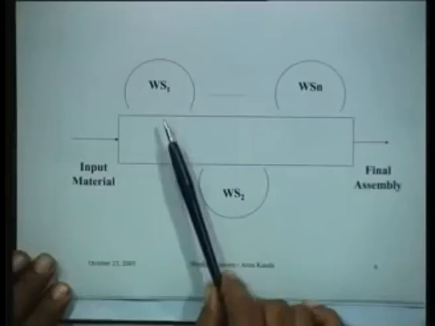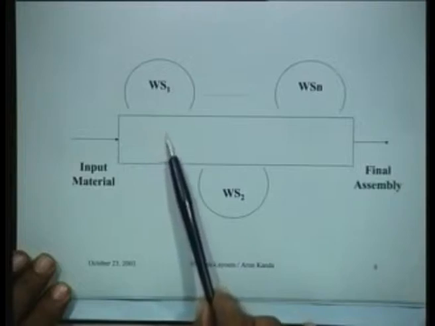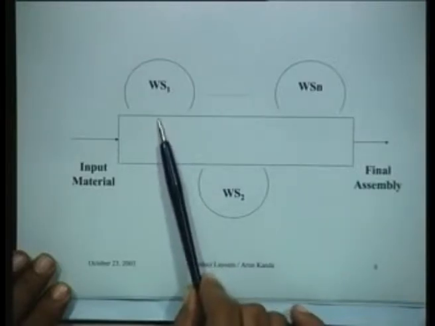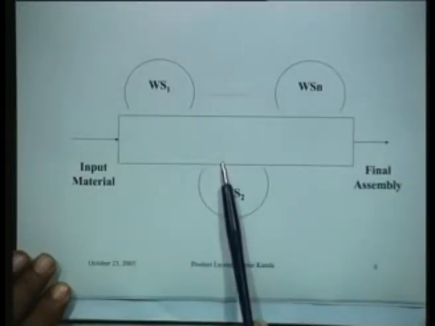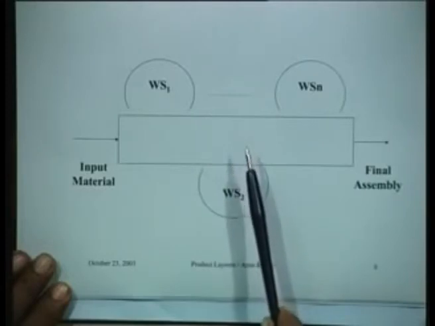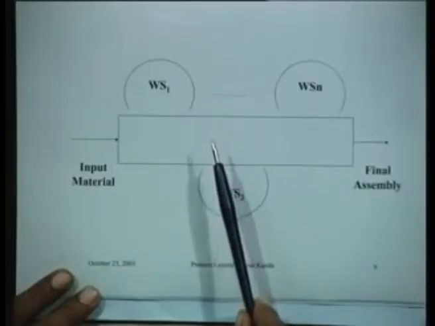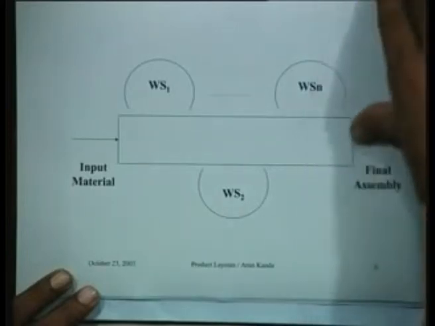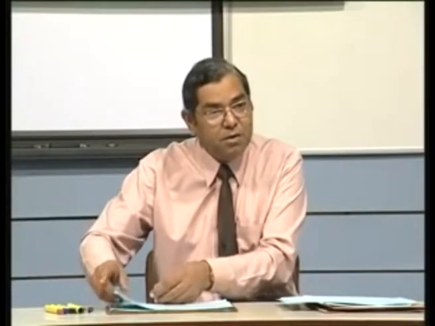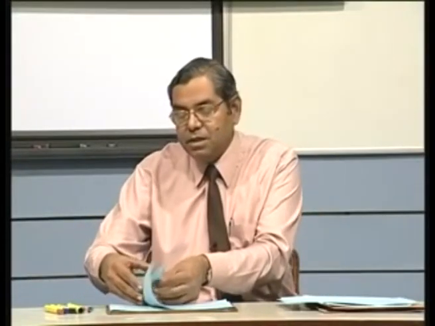But here, some operation is performed on this part, and immediately it goes to the next machine, which is waiting for the part with open arms. It welcomes the part and starts performing the operation. So the material handling time involved is considerably reduced in these systems, and that is the reason why these systems are much more efficient in terms of production time. This is what it is.